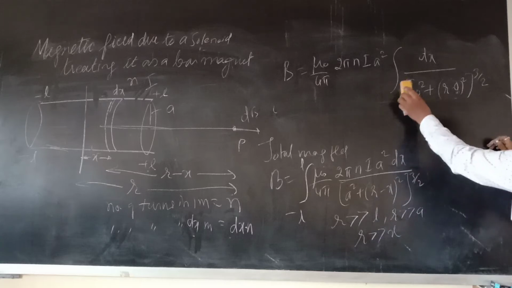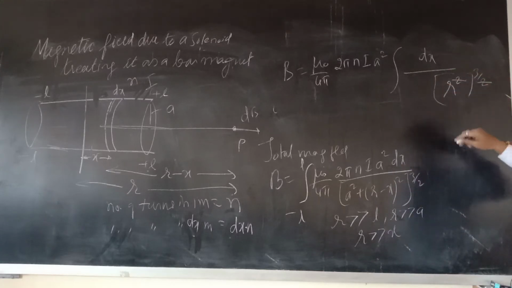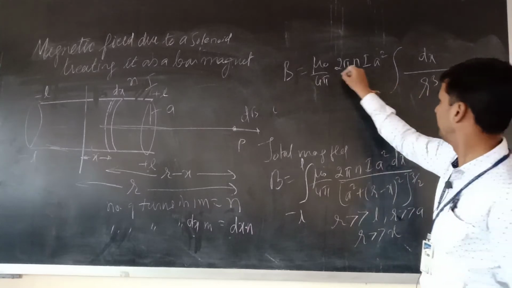Now, what is the answer for this? R square raised to 3 by 2, the 2 cancels, it will be what? R cube. This r cube, children, I will write here.